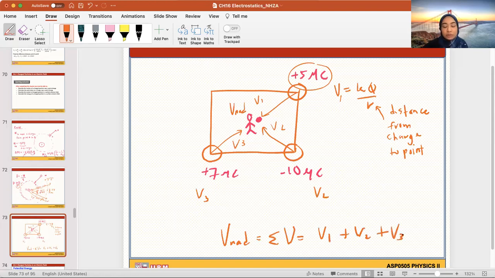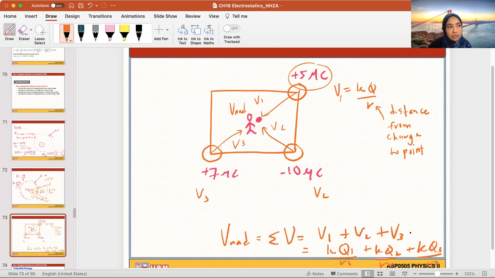Or if you don't want to calculate it separately, you can just say KQ1 over R1 plus KQ2 over R2 plus KQ3 over R3. Q1 is different than Q2, Q2 is different than Q3, R should be equal distance. Okay, so if you are going to use this equation, you need to know what charge and what is the distance. Don't mess that up. Okay. So that is V.